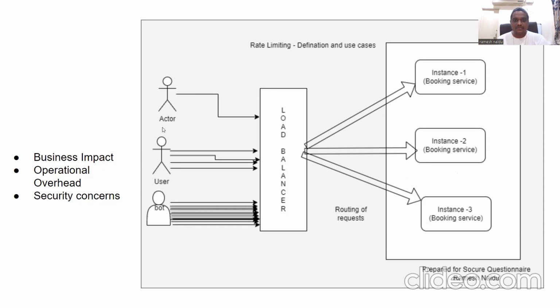So, generally, I have a user who tries to book their tickets. All their requests pass via the load balancer and go to any one of the services, which is called the booking service.